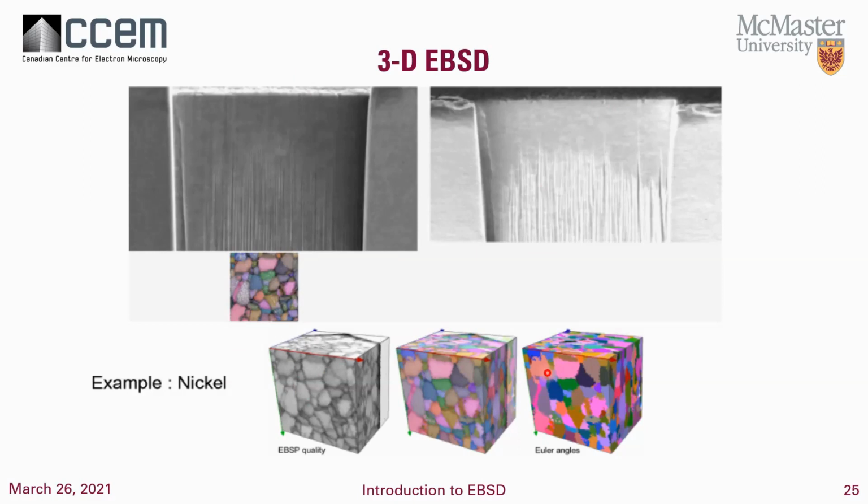You'll see that nickel is quite often used in EBSD for standards. It's usually something we can prepare very nicely, and it also exists in fairly large grain structures and also nano grain structures as well. So it's usually a fairly nice material for testing out EBSD systems.